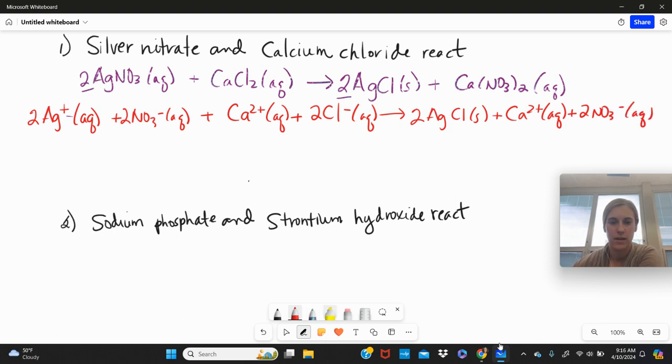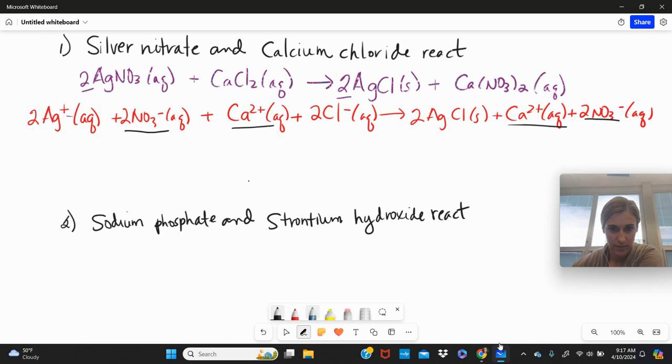All right. Now, what we're going to do is I'm going to underline, which you can cross out if you want, the spectators. Spectators are ones that remain soluble. So, what remains unchanged on both sides? We got nitrates, and then we have calcium. So, those are my spectators. And what I'm going to do when I write my net is I'm going to drop them.